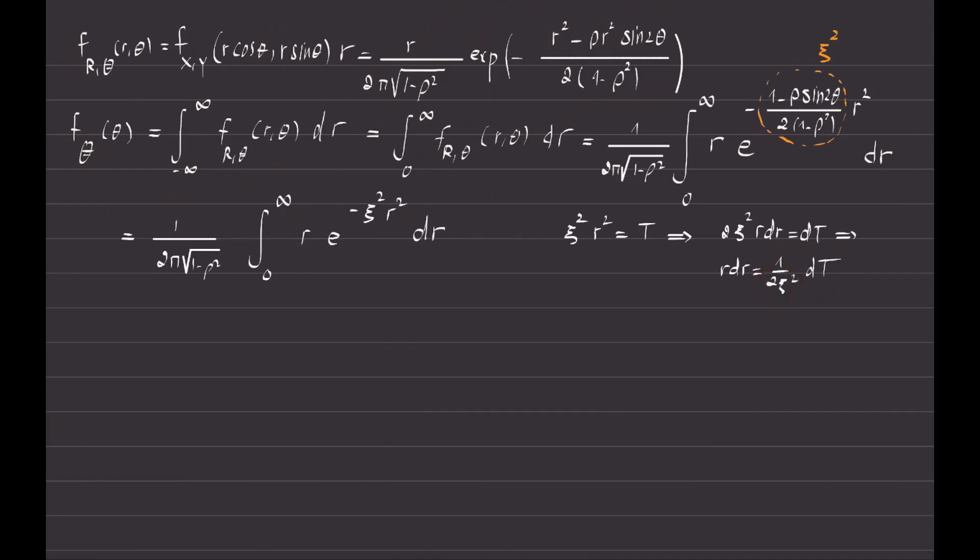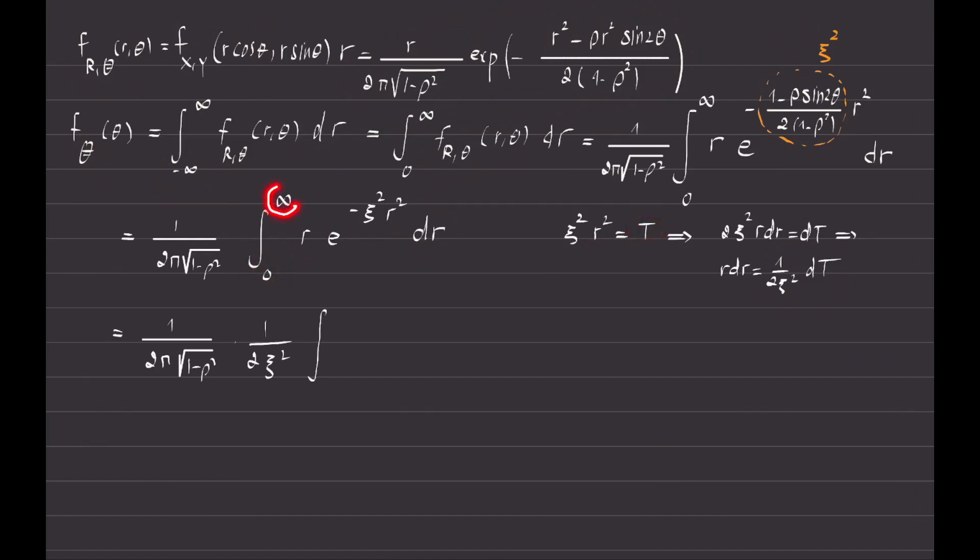But that one is also a constant. I can pull it out, so this becomes 1 over 2 pi square root of 1 minus rho squared multiplied by 1 over 2 c squared, integral. But it's also important to know that if the lower limit for r is 0, the lower limit for t becomes also 0.